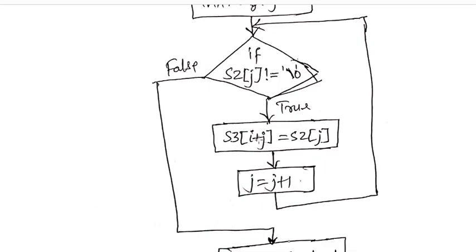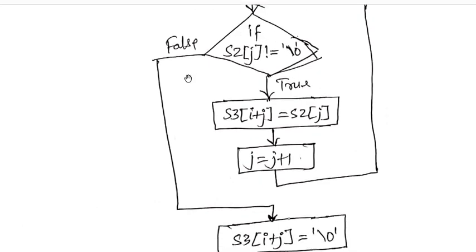After that location, that is i plus j, we are going to store s2 of j. After storing, j is equal to j plus 1, next character. We check the next character is not null, again copy. As long as s2 doesn't come across a null character, we will copy all those values into s3. When s2 comes across the null character, this statement becomes false.